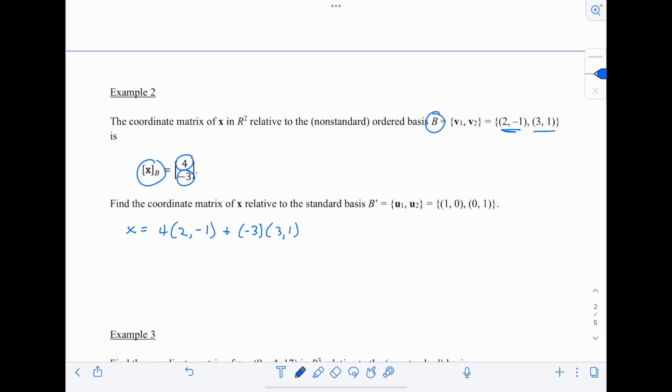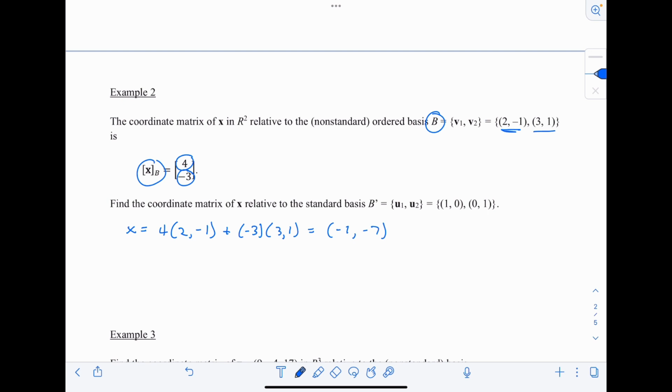Again, that idea of ordered basis is important. If I simplify this down, 8 minus 9 is -1, and -4 minus 3 is -7. So that is the vector we get through the linear combination created by the information above.